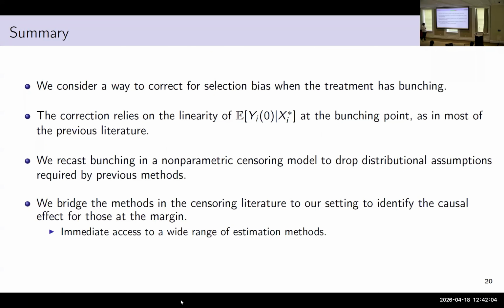And then the first point that I think is the novel point is that you can go from identifying that to just identifying a conditional expectation of X star on Z, and then integrating over the distribution of Z. And then this gives you immediate access to a large library of methods in the censoring literature. In particular, we focus on this more flexible non-parametric case in which all restrictions either on the distribution of X star or on the conditional expectation of X star on Z are non-parametric. And that's what I had for today.